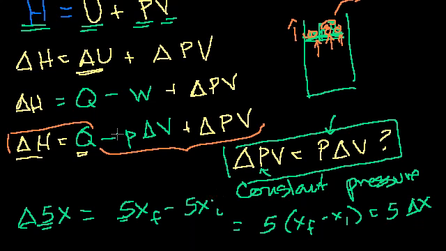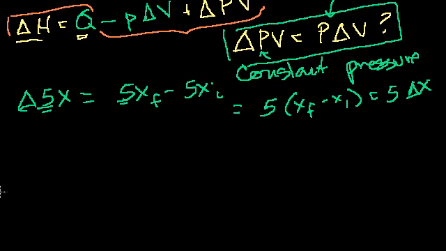So if pressure is constant, and this is a key assumption, then if heat is being applied in a constant pressure system, we could write it this way. I'll write it multiple times because this is key.